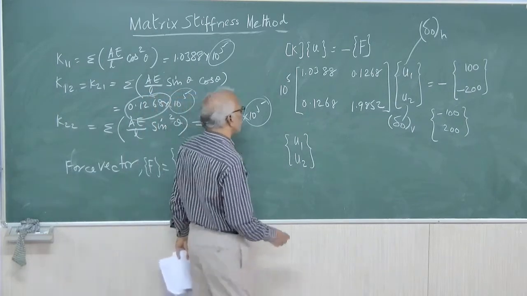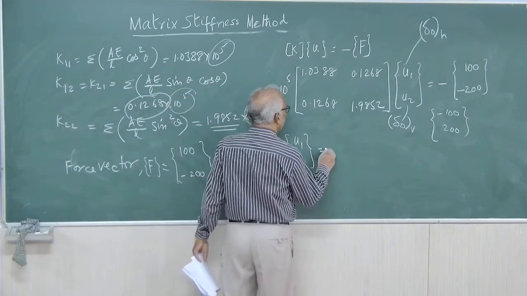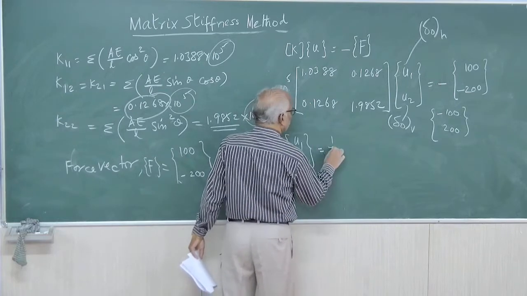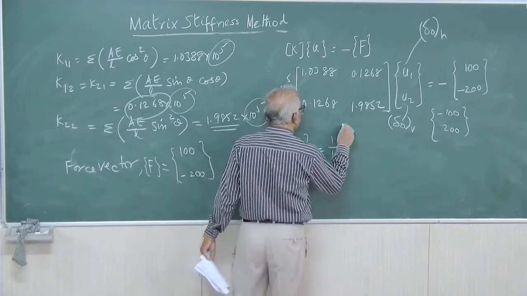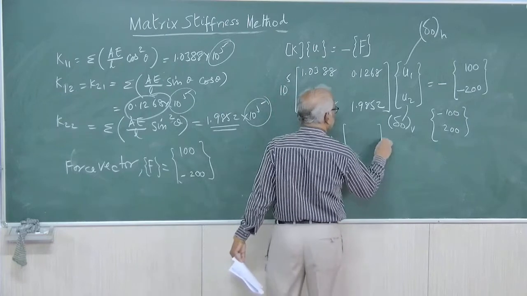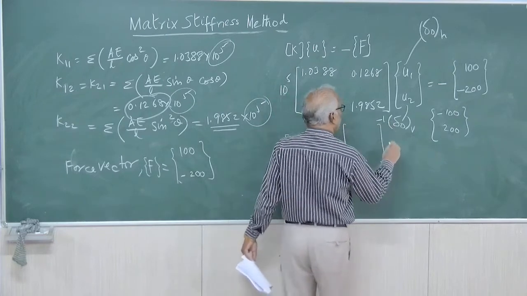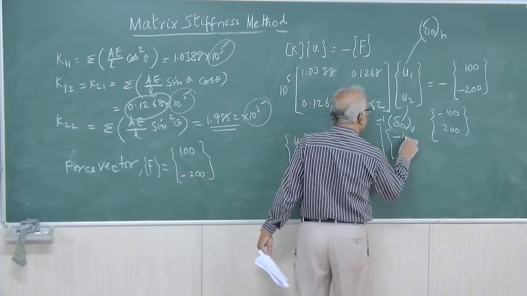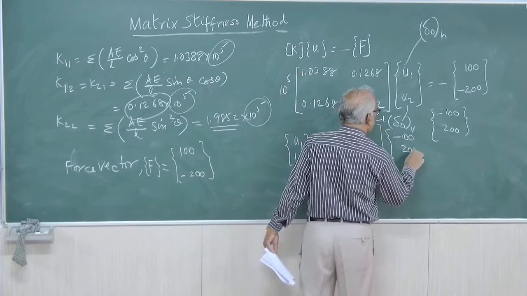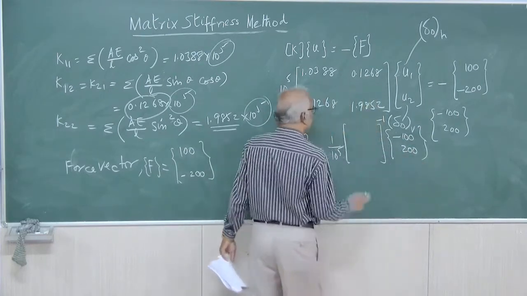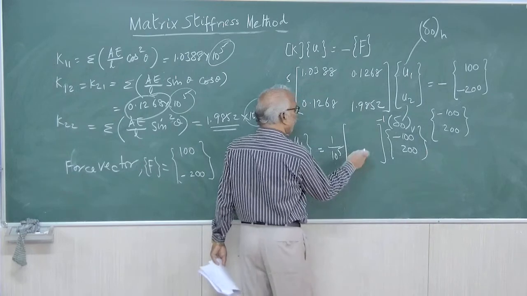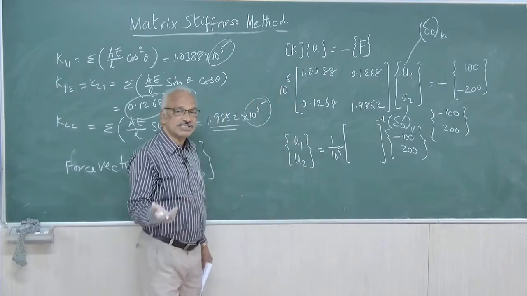When it goes to the right hand side, this will become 1 by 10 power 5 into this matrix inverse into minus 100, 200. The inverse will be 1 by the determinant into the adjoint of the matrix.